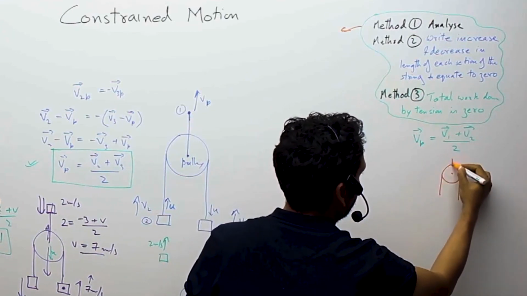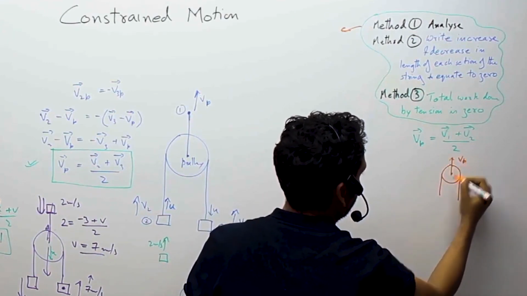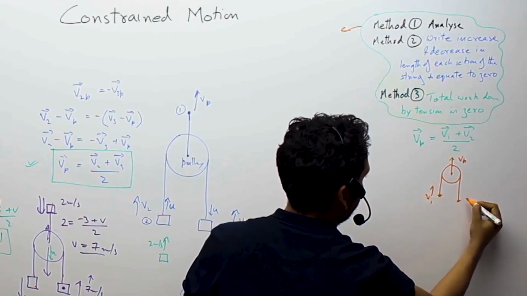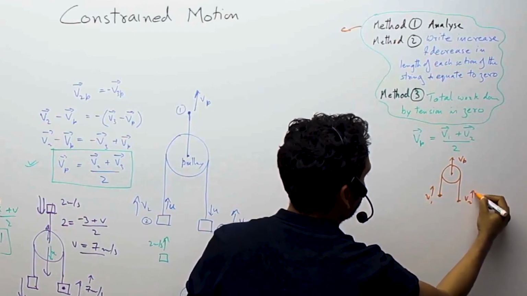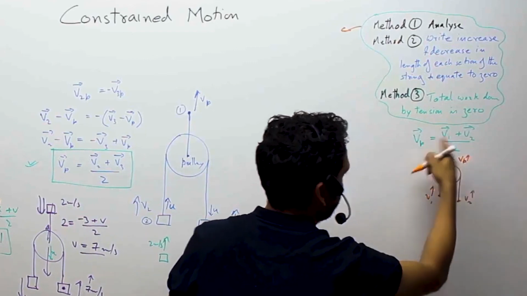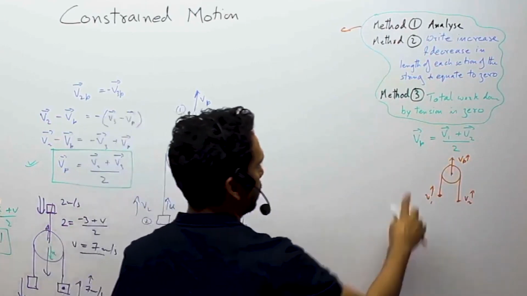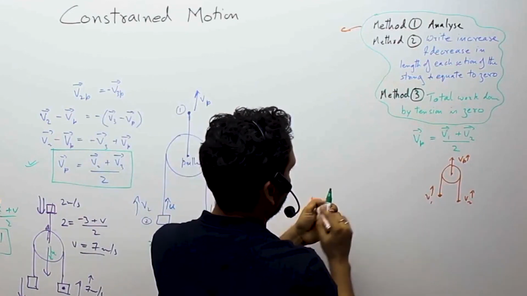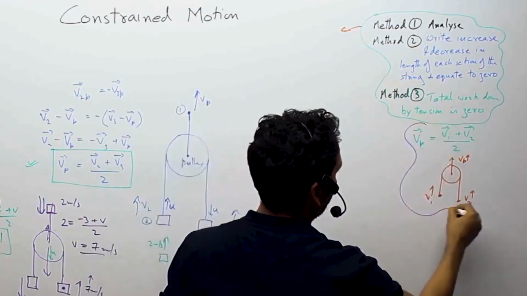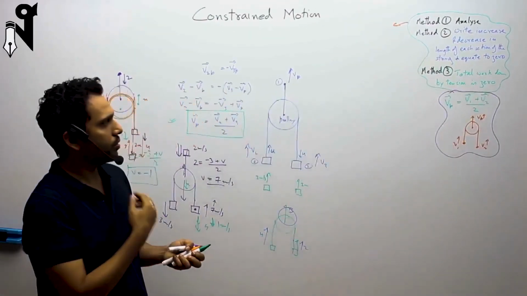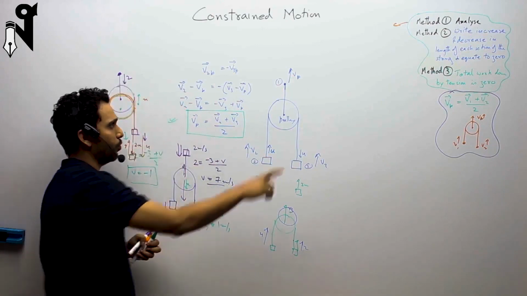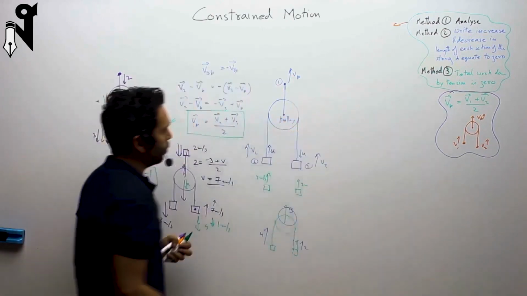So that's your VP, that's your V1 up and V2 up, all in the same direction. That's a vector in one direction, this is the vector equation. So that becomes a tool for you. You can use this also when required, but don't forget to analyze what is happening.